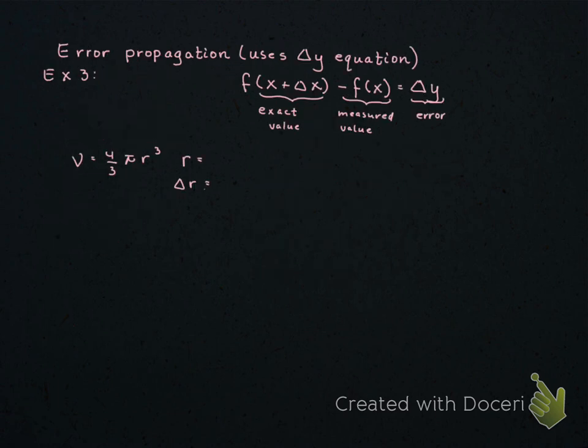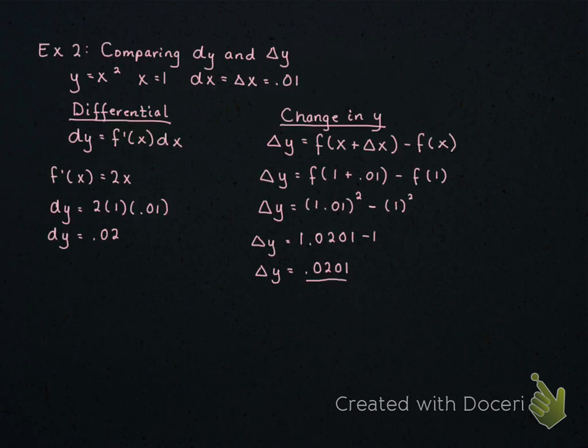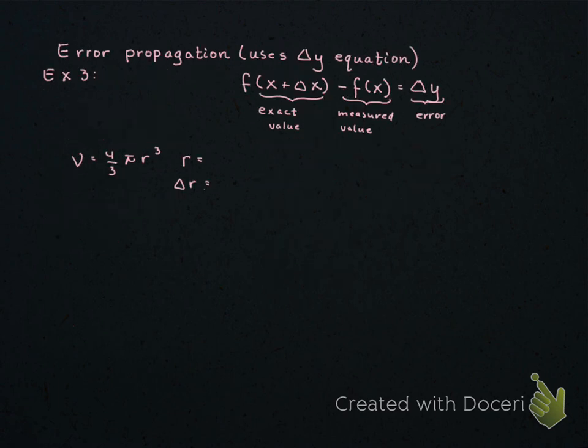Now what we're going to do is move on to the error propagation in example 3. This uses the change in y equation. Okay, so see here it is right here, f of x plus delta x minus f of x is equal to delta y. That is the exact same equation that we use for error propagation. So the problem says the radius of a ball bearing is measured to be 0.7 inches.